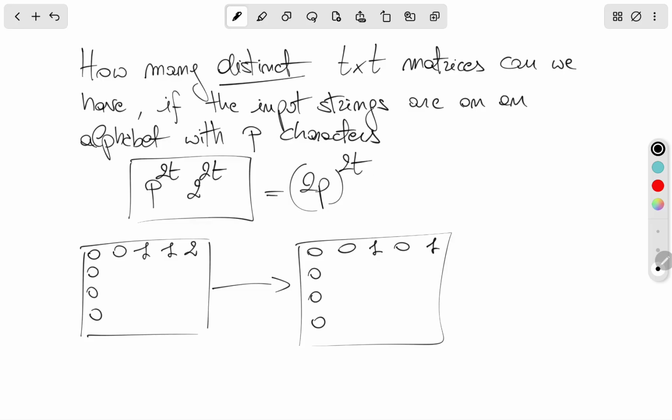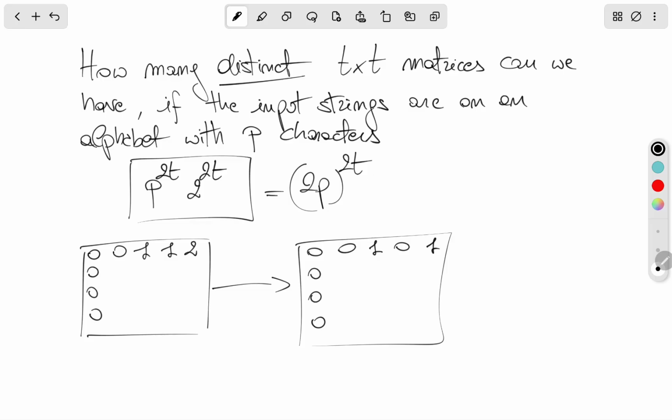So this means that the total number of distinct matrices is a simple exponential of t. It's not t to the t. It's 2 or another constant raised to t.